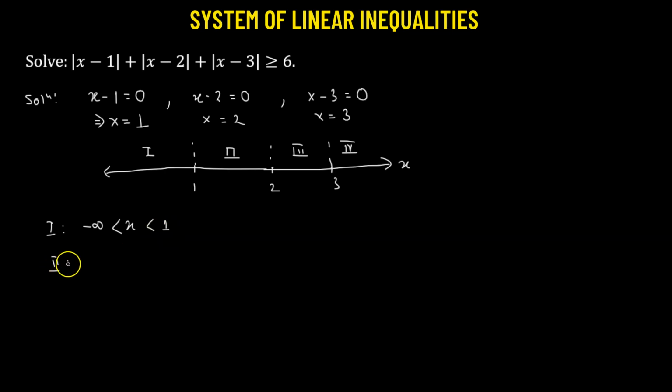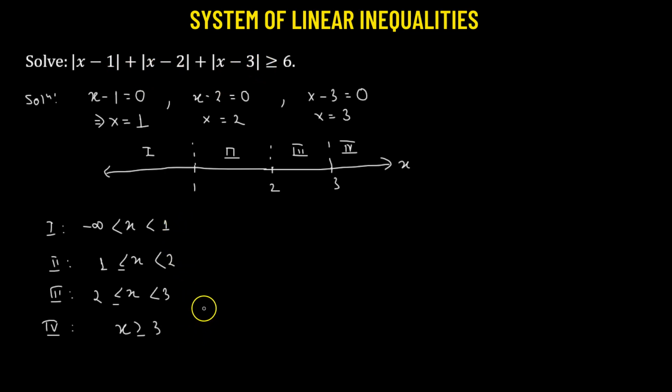Then in region number 2, we'll consider all the values of x which are greater than or equal to 1. So here we are including 1 as well, but this is less than 2. Then in region number 3, we'll consider all the values of x which are greater than or equal to 2, but less than 3. And in the fourth case, we are going to take all the values of x which are greater than or equal to 3. So we will study the nature of this inequality in each of the 4 regions.